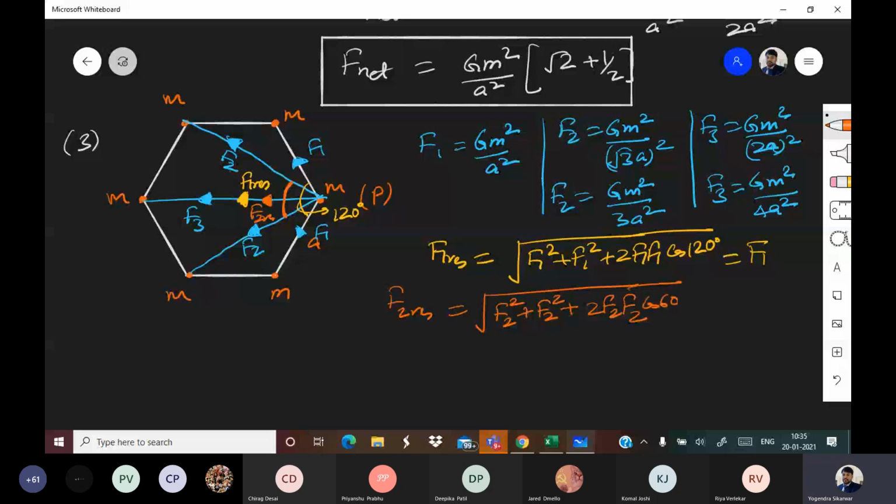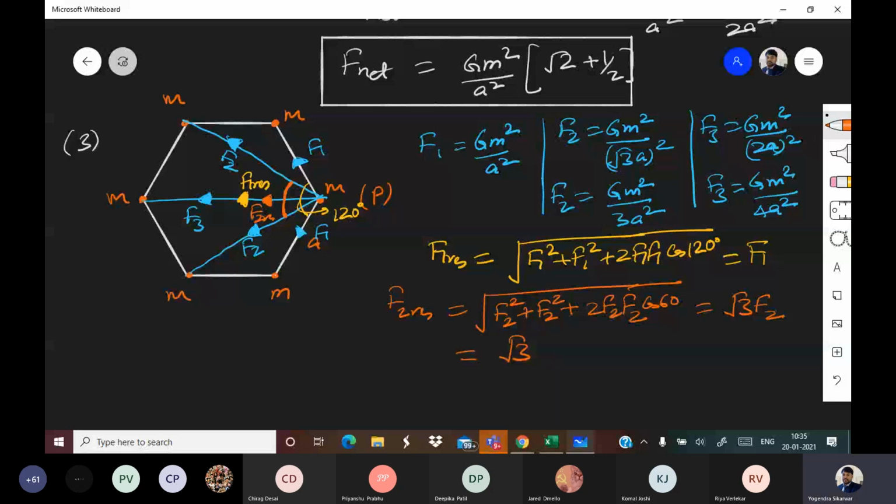We are applying the formula to find the resultant of two forces: F1 square plus F2 square plus 2 F1 F2 cos theta, whole root. This is the formula which we are using. So here in this case it will be root 3 F2.